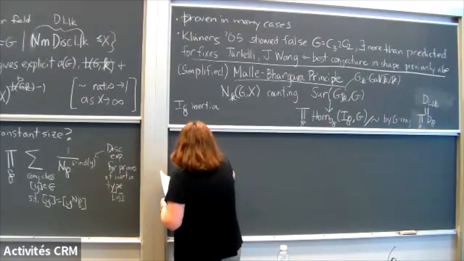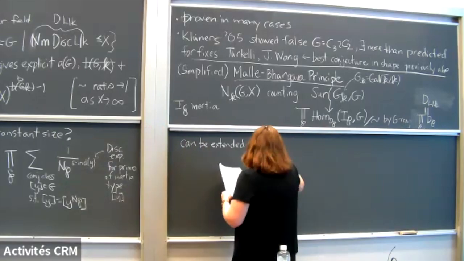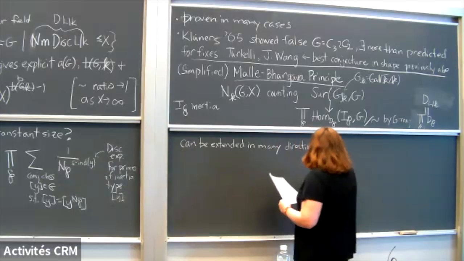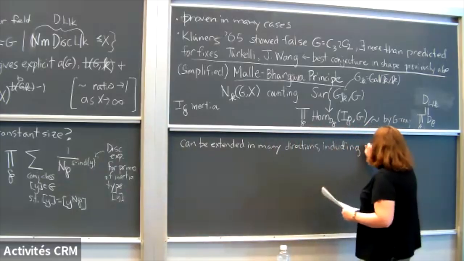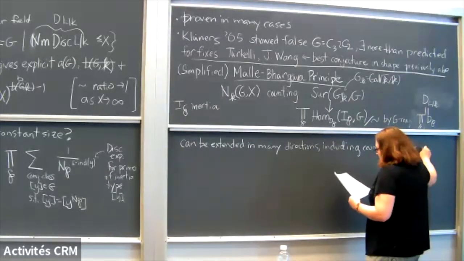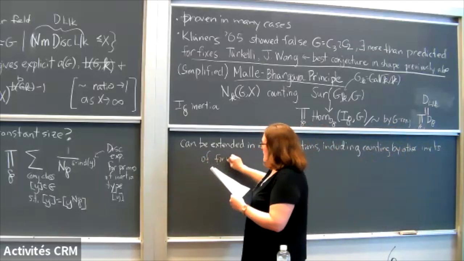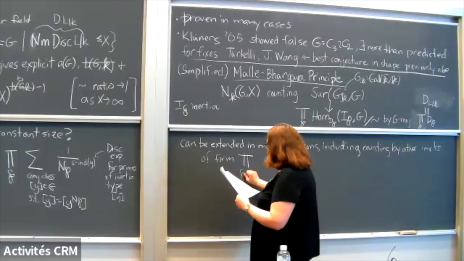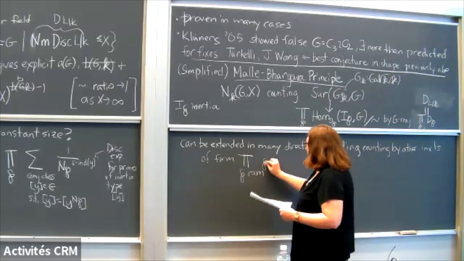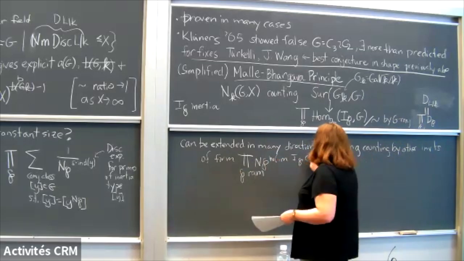So this can be extended in many directions, including counting by other invariants of the form product over ramified primes, where you take the norm of that prime to some exponent that depends on the image of inertia.